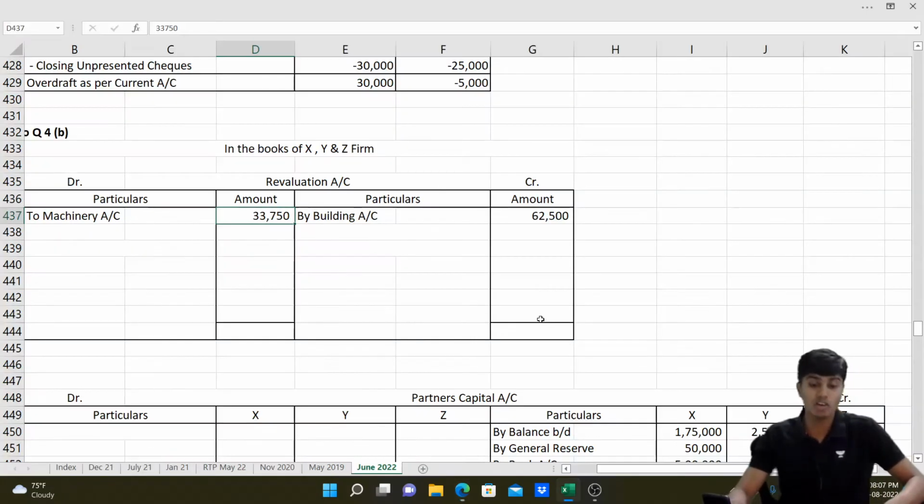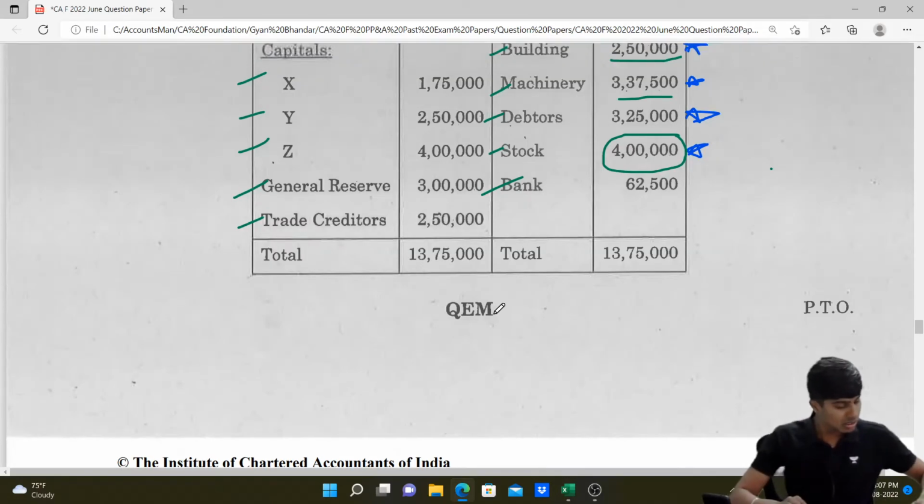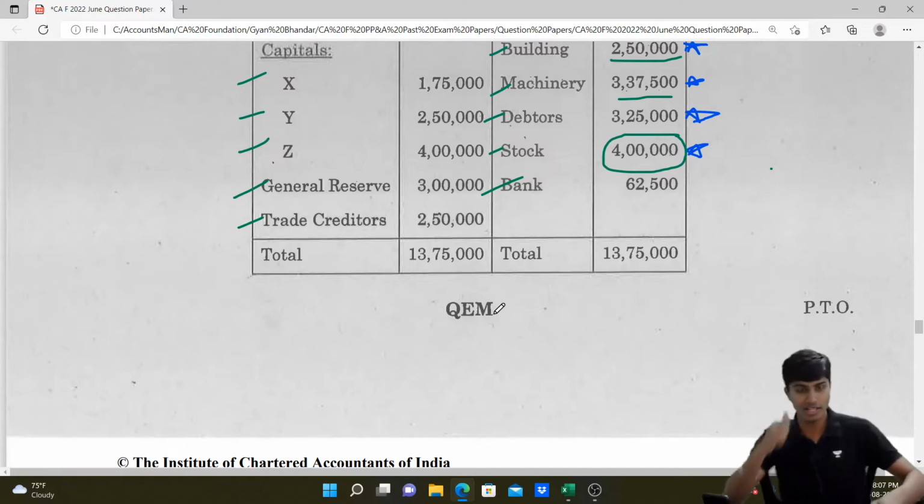I need to bring the value of my stock down, so stock account has to be credited. Debit will be given to revaluation. Entry is revaluation account debit to stock. So let me write in my revaluation account to stock account 27,750. That is 4 lakh minus 3,72,250.